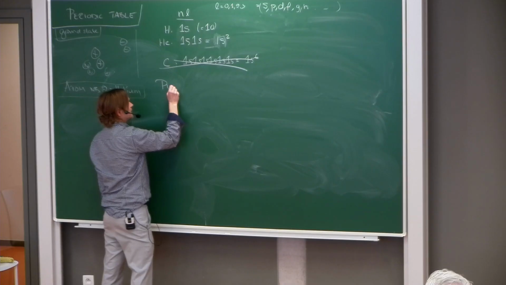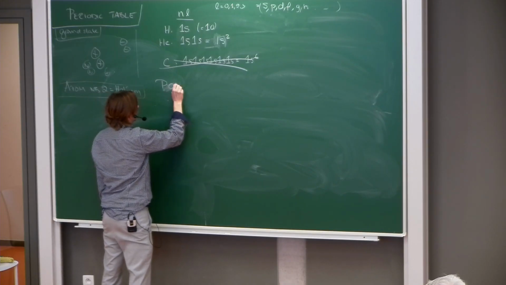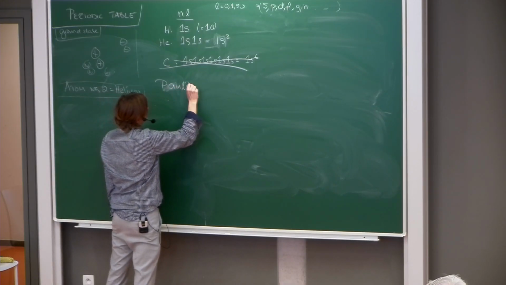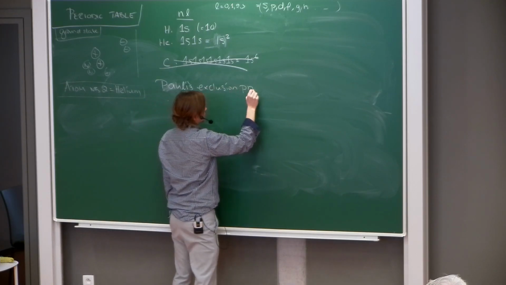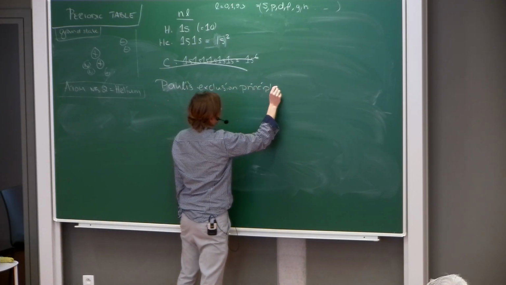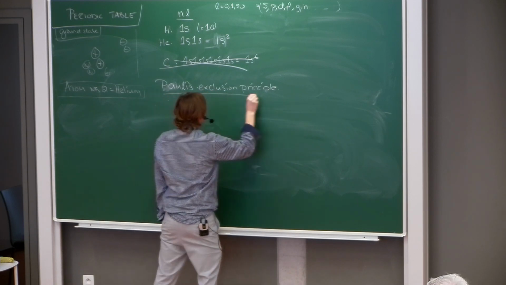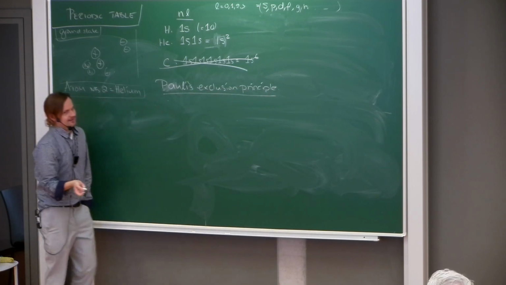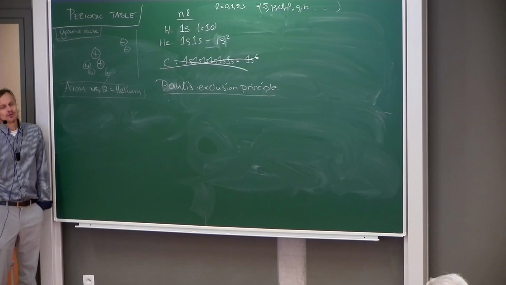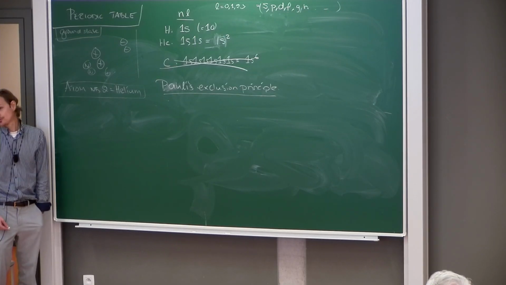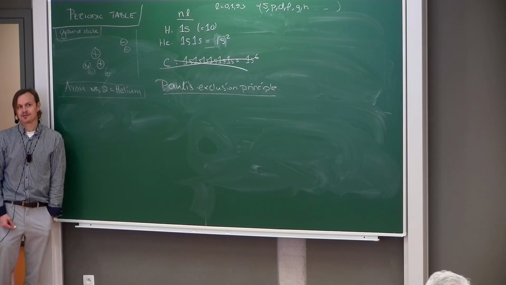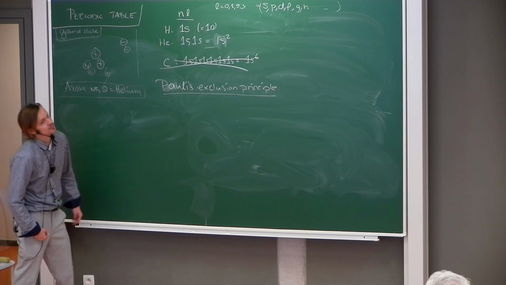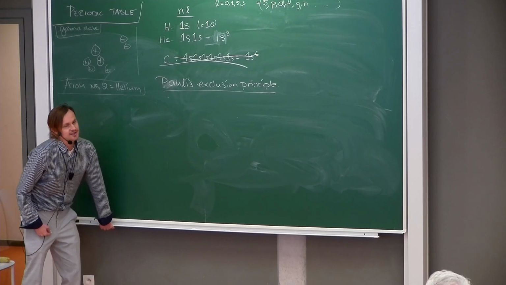And that's because of Pauli's exclusion principle. Yeah? And that, I apologize, is a thing for a dedicated course in quantum mechanics, to understand the origin of the Pauli exclusion principle. We're just going to state it here.